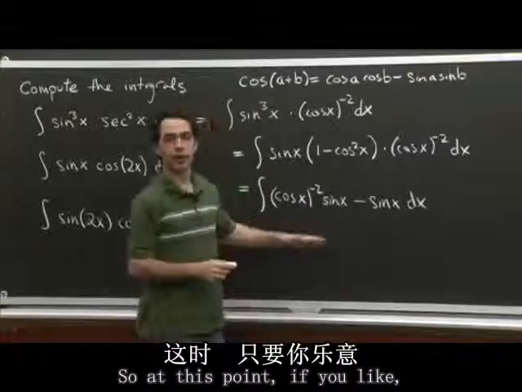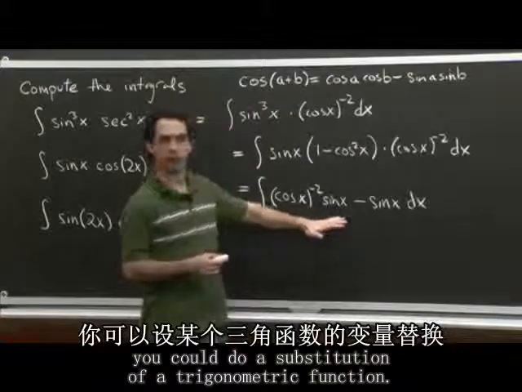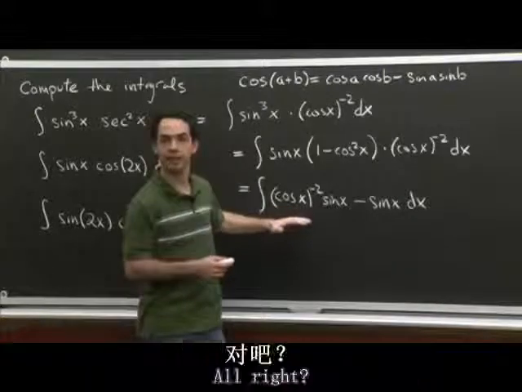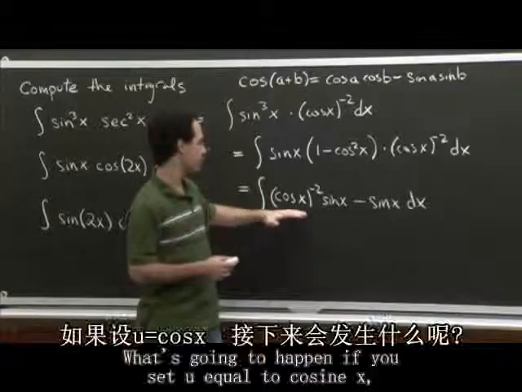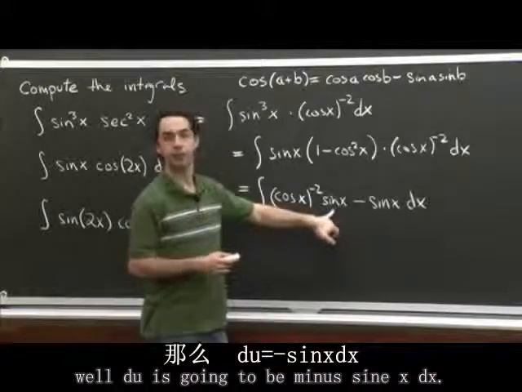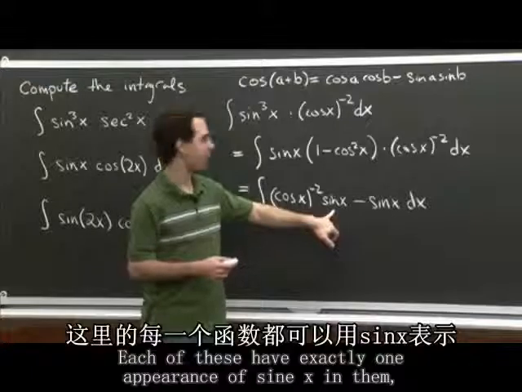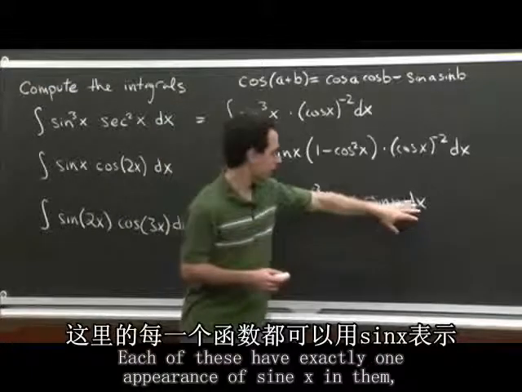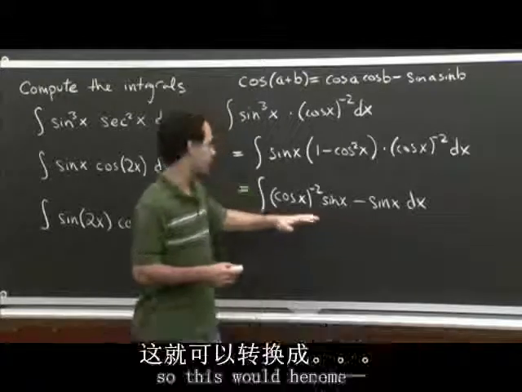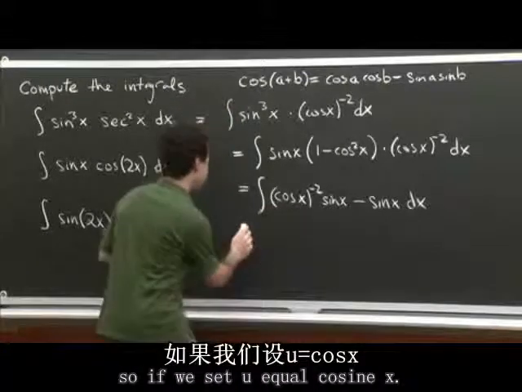So at this point, if you liked, you could do a substitution of a trigonometric function. You could set u equal to cosine x. All right, so what's going to happen if you set u equal to cosine x? Well, du is going to be minus sine x dx. And so each of these have exactly one appearance of sine x in them.